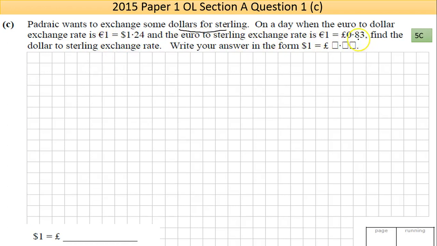Find the dollar to sterling exchange rate. So you want $1 equals whatever. The principle here is, if €1 equals that and €1 equals that, then $1.24 is equal to £0.83.